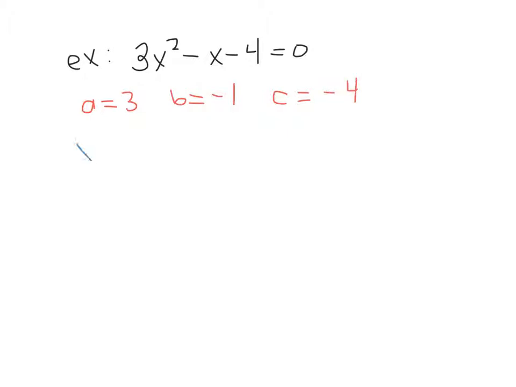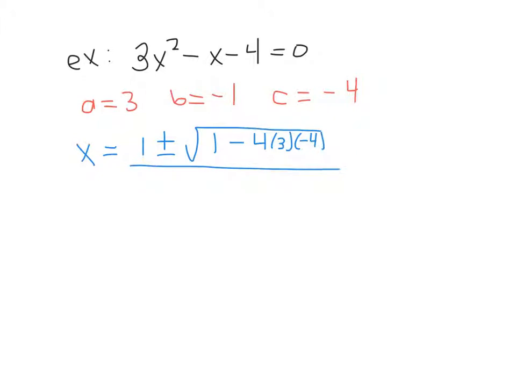All right, plugging those in to get the solution. x equals a negative b, so a negative negative 1, so positive 1, plus or minus negative 1 squared, which is 1, and then minus 4 times a, which is 3, times c, which is a negative 4, all over 2 times a, so 2 times 3.